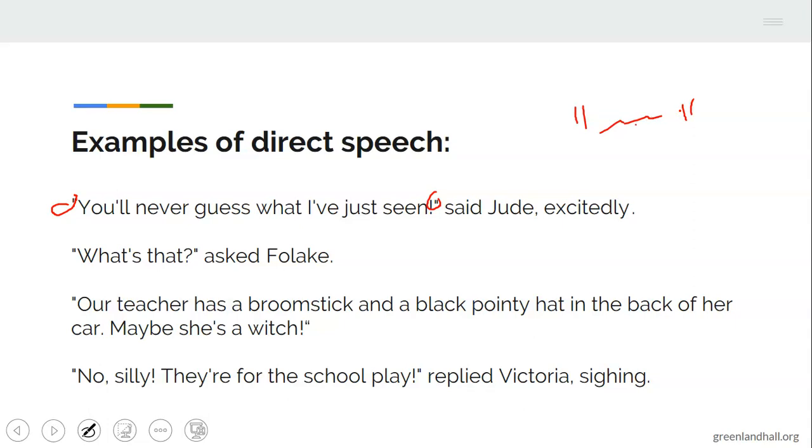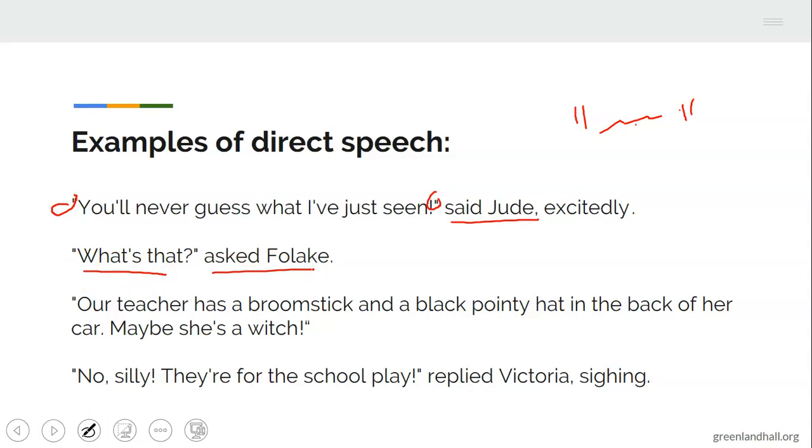Now, look at it. You will never guess what I have just seen, said Jude. Jude said this thing excitedly. You will never guess what I have just seen, said Jude excitedly. That's an example. What's that? asked Folake.